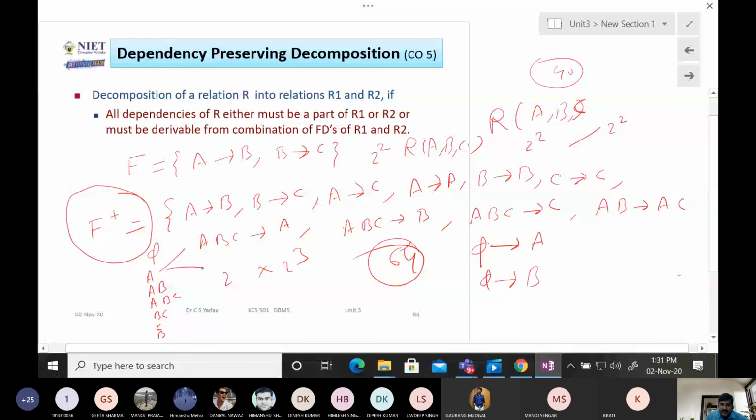Then we will check whether A determines A, whether A determines B or not, whether A determines C or not, whether A determines AB, whether A determines AC. In this way we will find the closure set. And for the closure set of F, we will also use the closure of an attribute set.